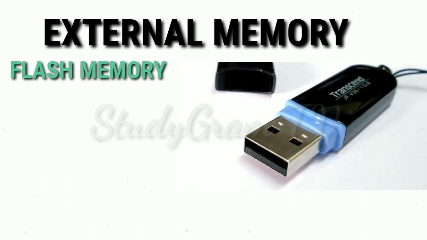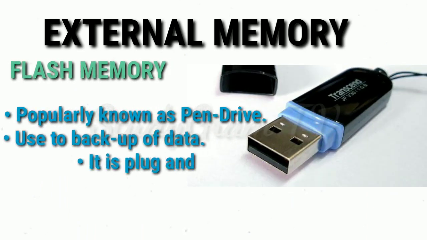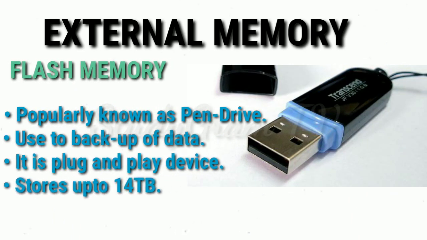Now, flash memory is also called a pen drive. Very importantly and very popularly used nowadays by many of us. What is a pen drive? It is a portable storage device which is the size of a human thumb and connects to a computer via a USB port. It can store data up to 1 TB.